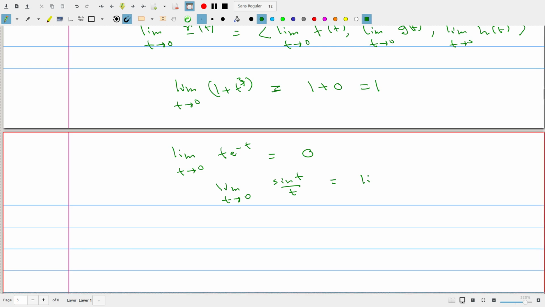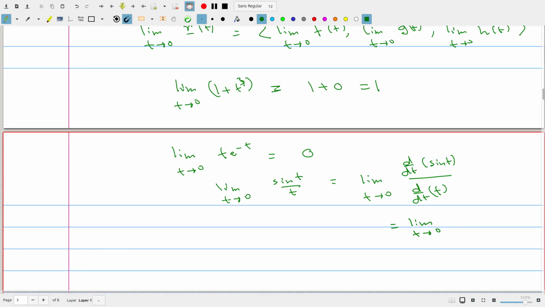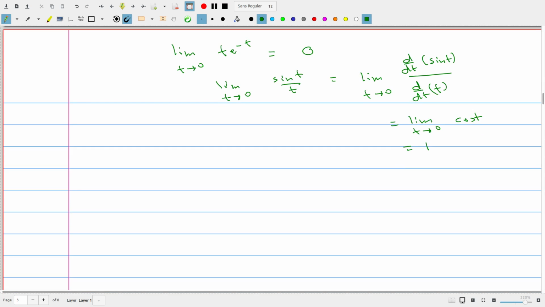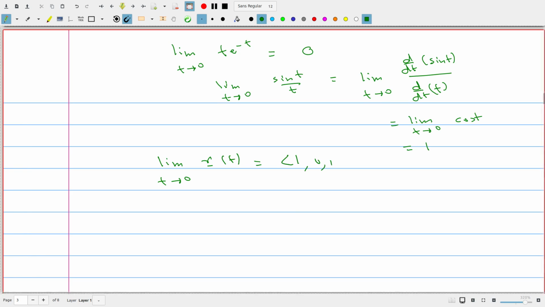If I use L'Hopital's rule on this, I get d over dt of sine t divided by d over dt of t, which is the limit as t goes to 0 of cosine t, which is equal to 1. So I end up with the limit as t goes to 0 of r(t) equals (1, 0, 1).